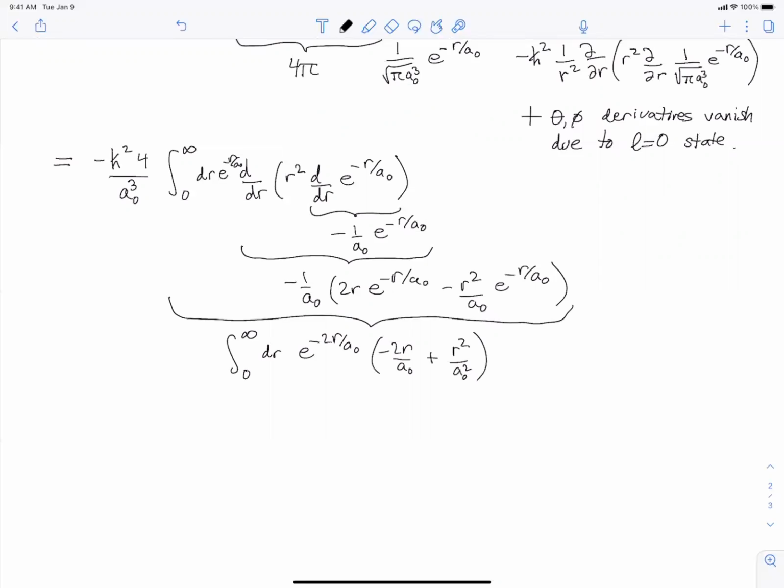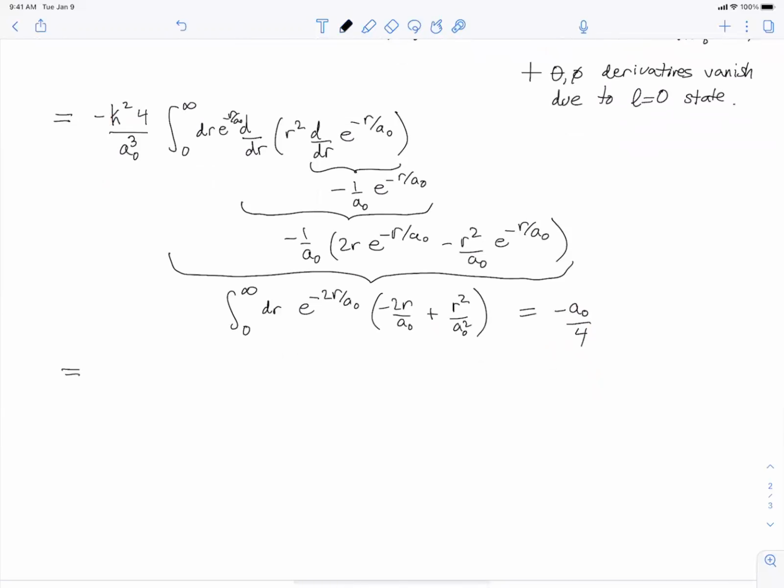Okay, and that whole integral, I'm not going to do it, but it turns out the answer is minus a0 over 4. And so when we put that all together, the minus signs cancel, the 4's cancel, and we just end up with the expectation value of p squared is h bar squared over the Bohr radius squared.